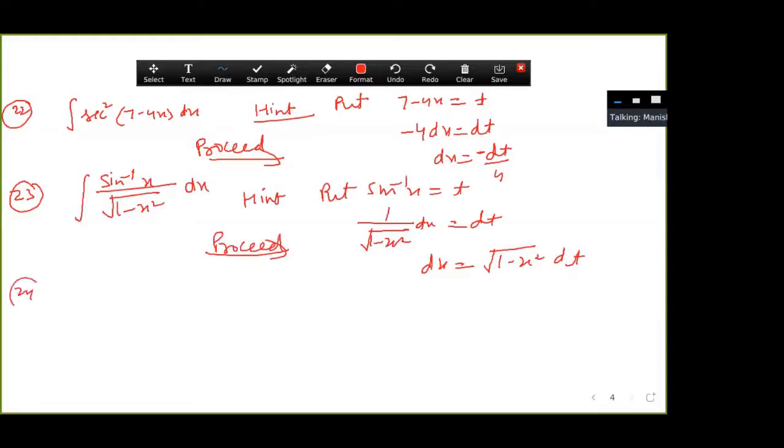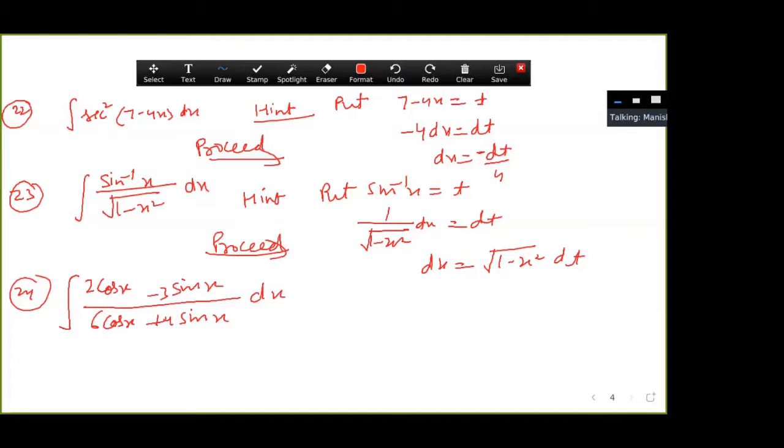Question number 24 is to integrate the function (2 cos x minus 3 sin x) upon (6 cos x plus 4 sin x) dx.